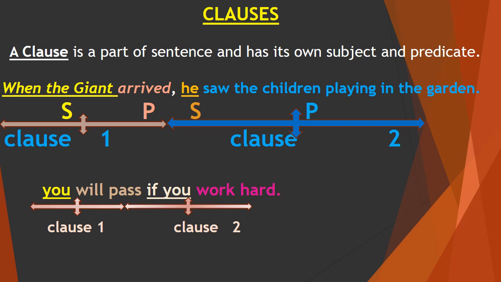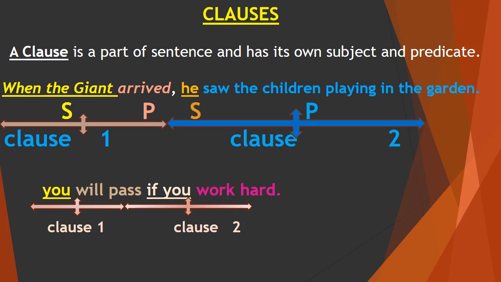Remember, a clause is a smaller unit than a sentence. Here you should remember that a sentence gives complete information, but a clause may or may not give complete information. Let's see how.